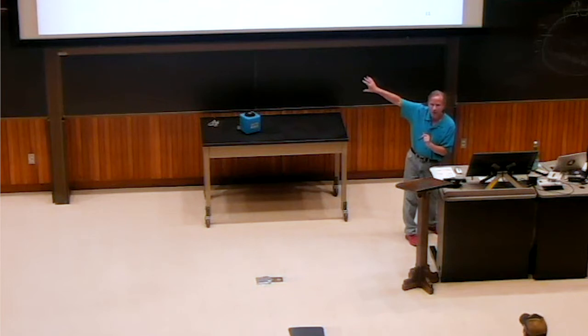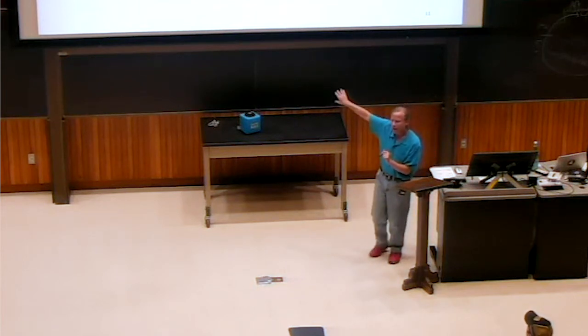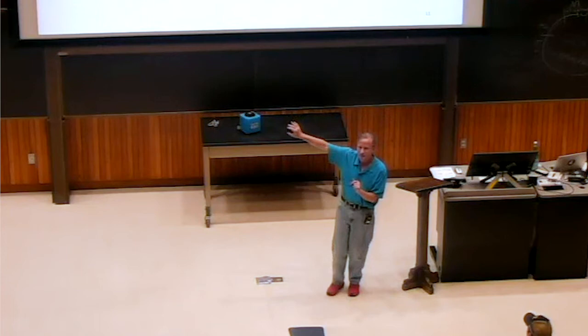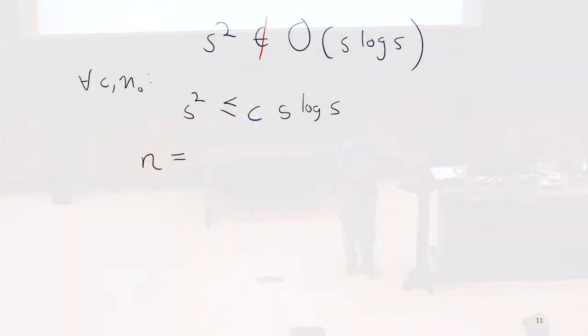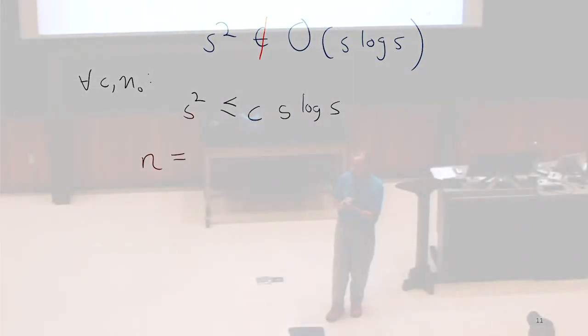You pick C and N0, whatever you pick. If I can pick an s that makes the inequality false, then I've shown that it's not within the big O. So it's probably some function of C. The N0 just means it has to be higher than N0. But usually getting higher than N0 is easier. What function of C should it be? First one we'd try, what if we just pick C? Would that work?